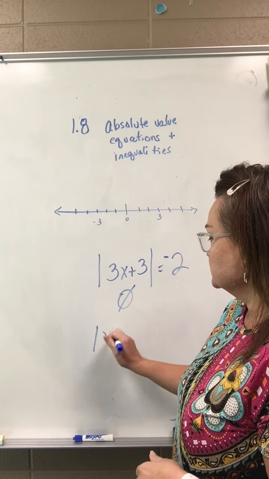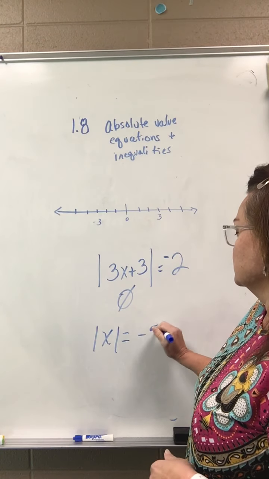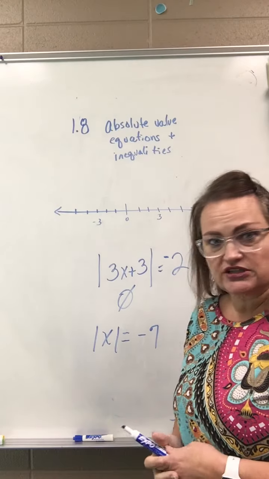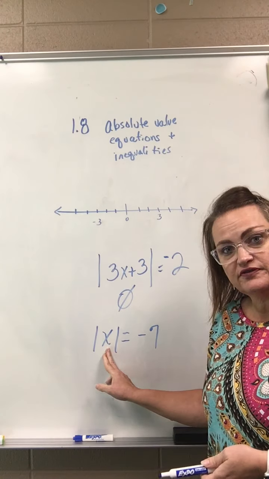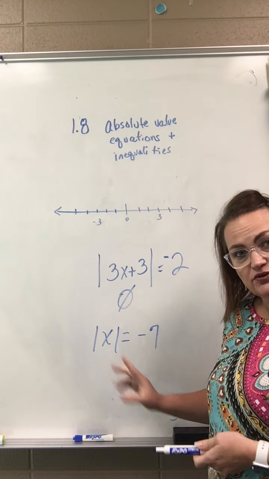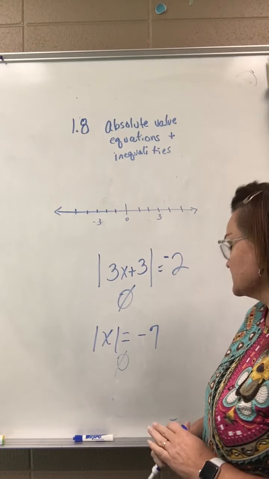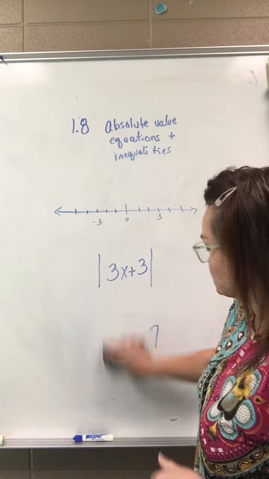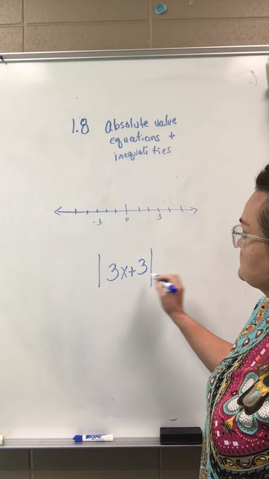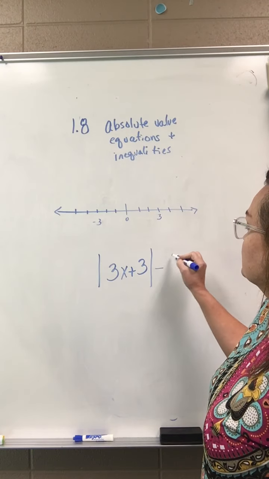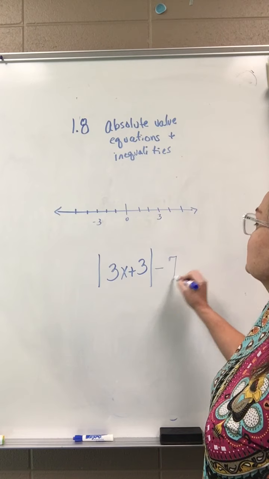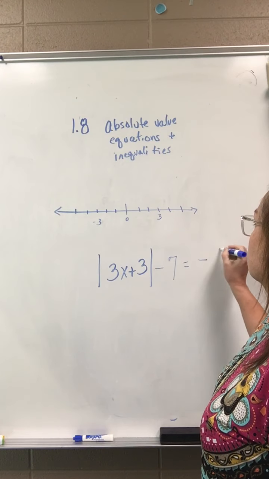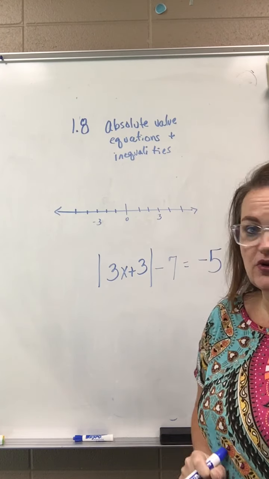If we say the absolute value of what number equals negative 7, for example, trick question, there's nothing you can take its absolute value of, it comes out negative. So again, those are no solutions. But let's say the problem has some other stuff going on, like maybe 3x plus 3 in an absolute value, and then a minus, let's say minus 7 equals a negative 5, for example.